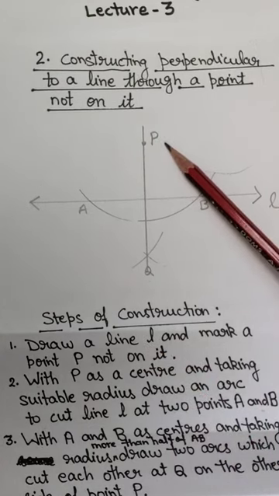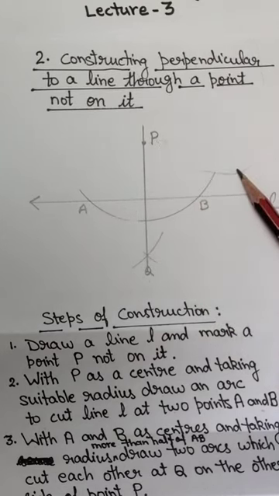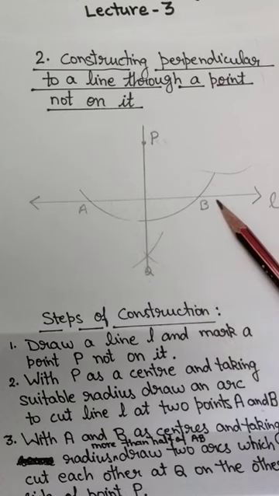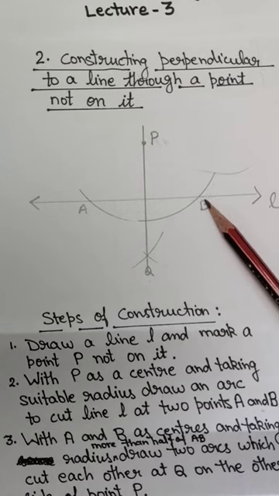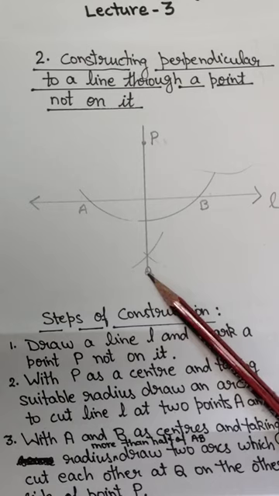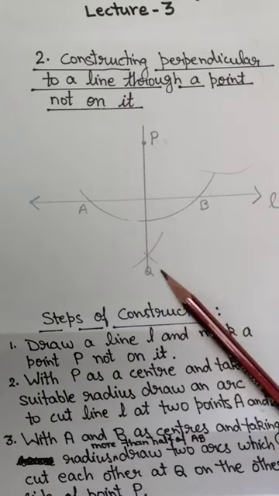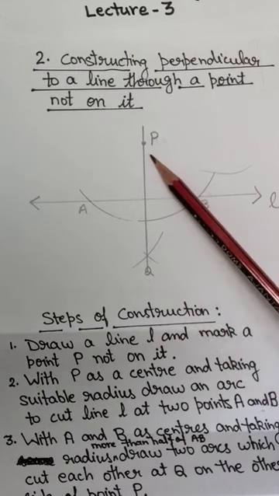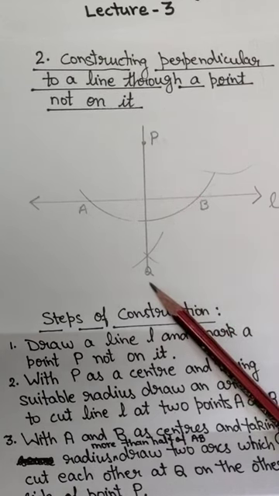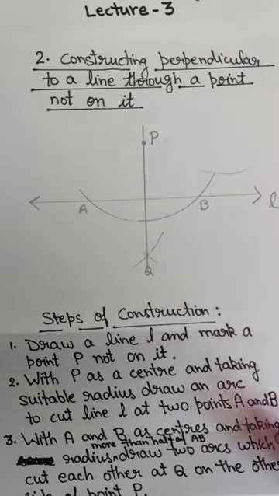With P as a center and taking a suitable radius, draw an arc which cuts line L at 2 points A and B. Now with A and B as centers and taking radius more than half of AB, draw two arcs which cut each other at Q on the other side of P. Where P is, you will not make the arc; on the other side you will make it. Join PQ. PQ is perpendicular to line L.